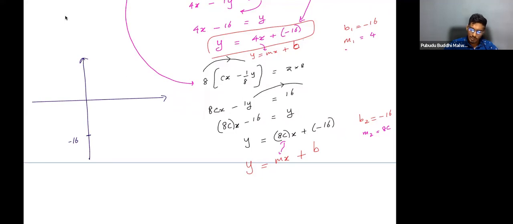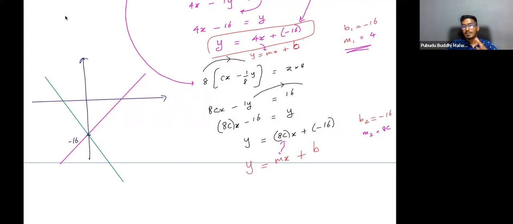So m1 equals 4, that line I can draw like this, a line with a positive slope. Then the next line definitely goes through this minus 16 point. But how many lines can I draw through that point? Can you understand? I can draw so many lines through this point. For example, if you consider a case like this, how many intersection points? Only one.